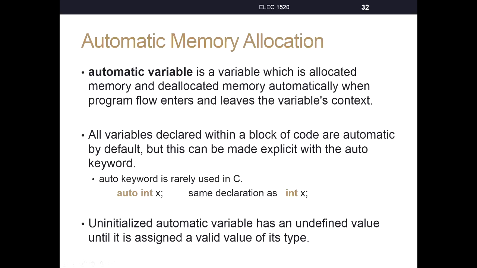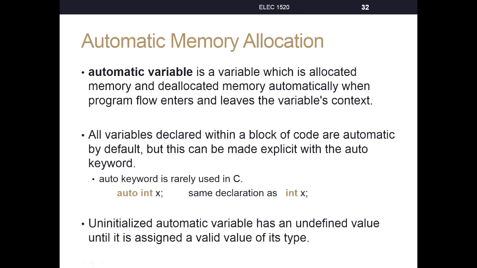Now, you can use the keyword auto. So another new keyword. By default, whenever you declare a variable, you have automatic storage. So if we were to just write int x, it's the same as declaring auto int x. That auto is automatically done for us. So rarely will you see the keyword auto written. You want to be aware that it's a keyword though, because you can't use it as an identifier name anywhere.